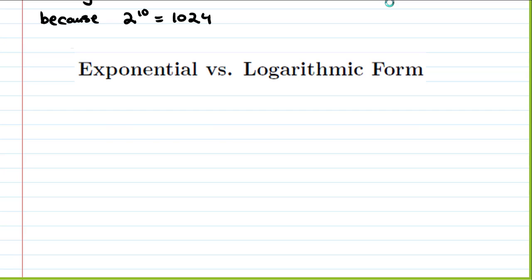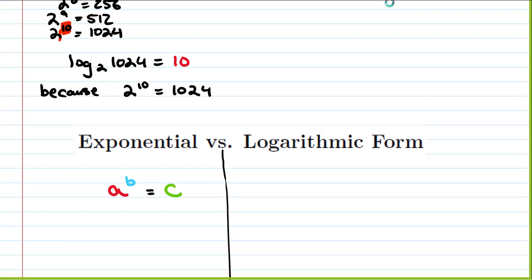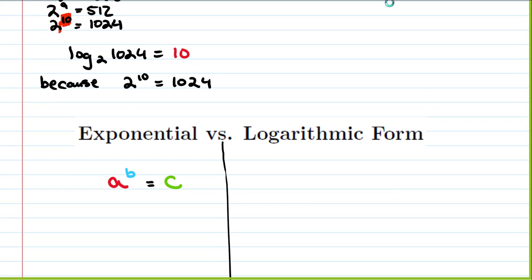And if we have something in the form a raised to the b power is equal to the number c, this is referred to as its exponential form. If we want to compare that to its logarithmic form, we can rearrange it using this pattern that we see up here.